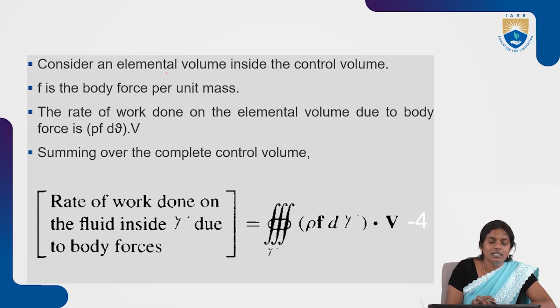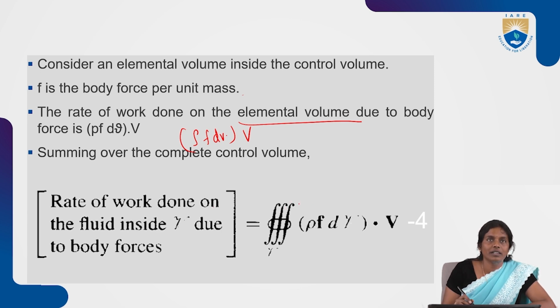Now we consider the fluid elemental volume inside the control volume. f is the body force per unit mass acting on it. Previously we considered the elemental surface; now we consider the elemental volume due to body force. The rate of work done is rho f dV dot V. This is the rate of work done on the control volume due to body force.